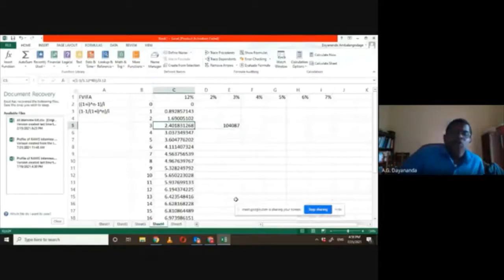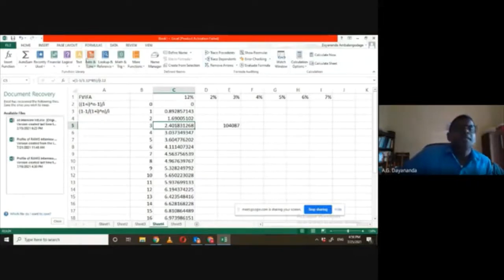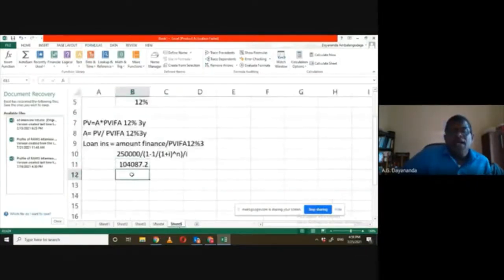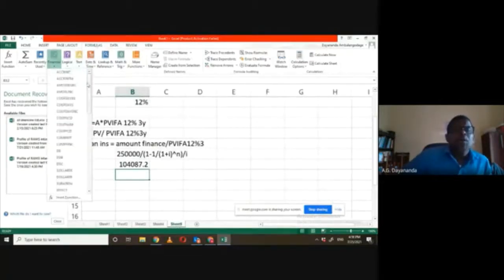So I told you the formula method and the table method. At the examination you will be given a table, and you have to select the appropriate table, the present value interest factor table. Now if you go to the formula method in Excel, you want to calculate the installment, which means PMT.